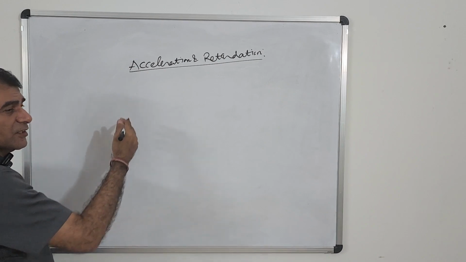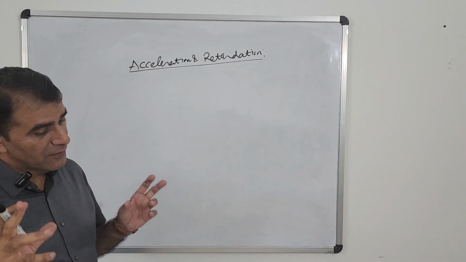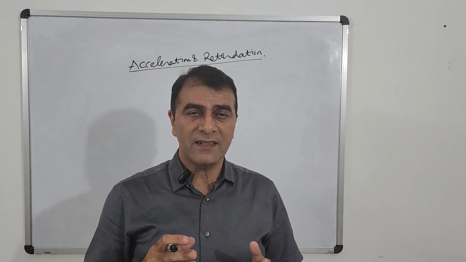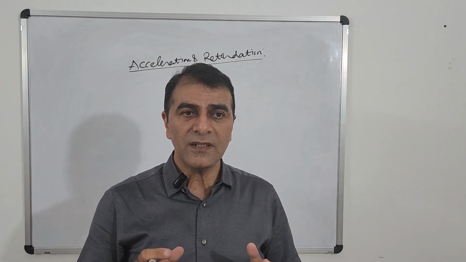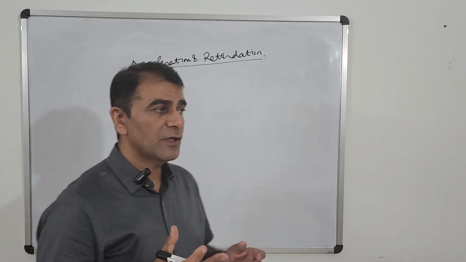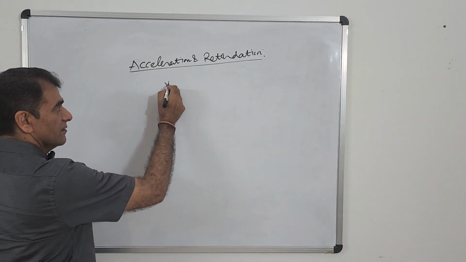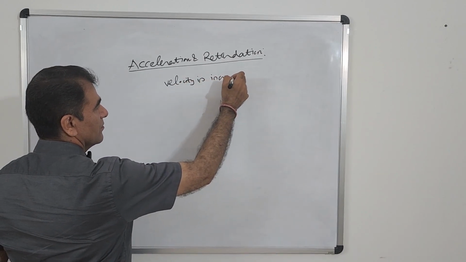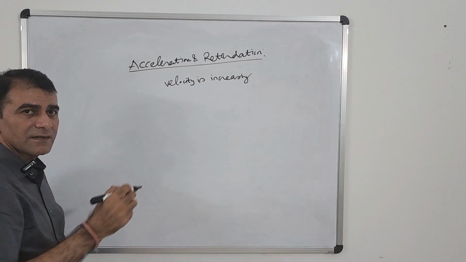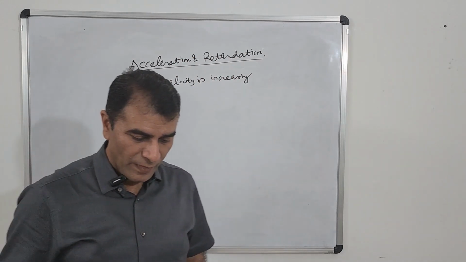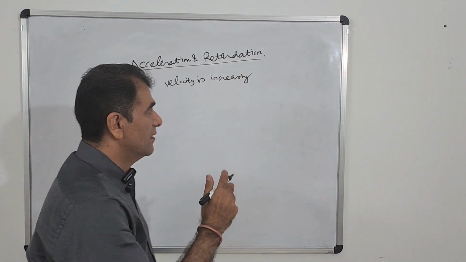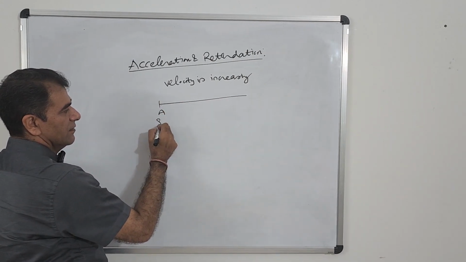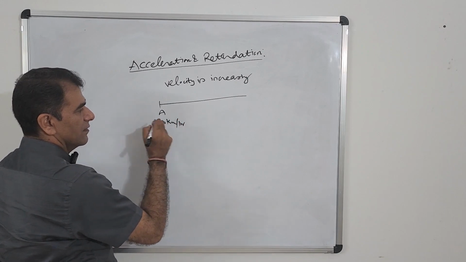When we say acceleration, it is clear that it is related with velocity. So when you press the accelerator, is velocity increasing or decreasing? Naturally increasing. So it means velocity is increasing, right? Okay. Let us say your velocity at this point A is 80 kilometer per hour.